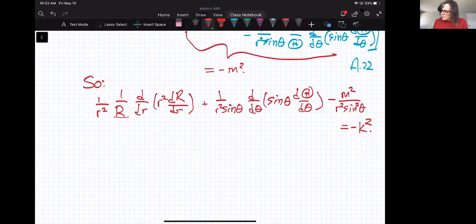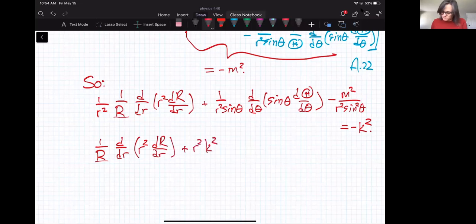Okay, so if we multiply through, just trying to simplify things, we get 1 over capital R d dr of r squared dR dr plus r squared k squared. So now we've got our r's all in one place.